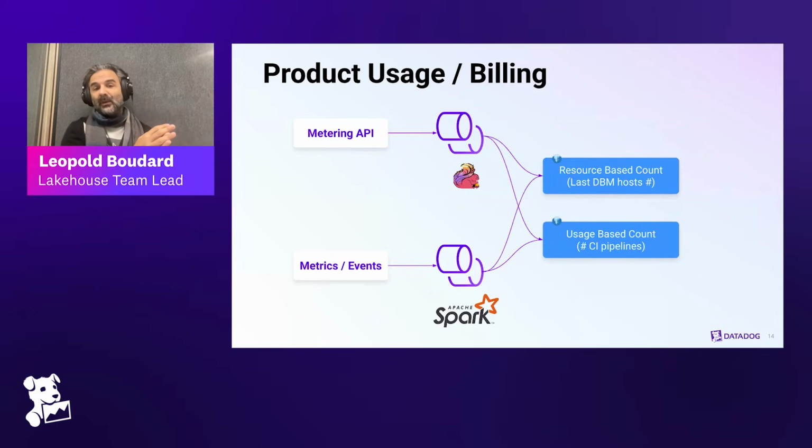Upstream from those, we have basically two different sources. One is the metering API, which product teams call directly to register their product usage. The other is directly from an export of metrics or events. For instance, things like the number of hosts, the metrics that you could have exported and aggregated into the usage table.